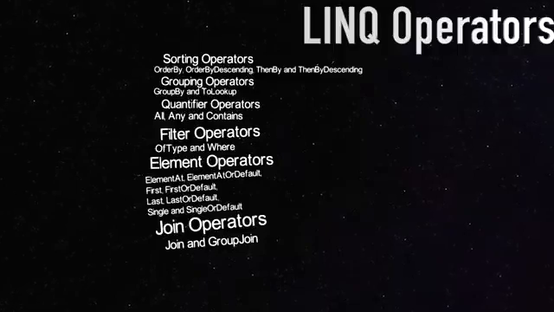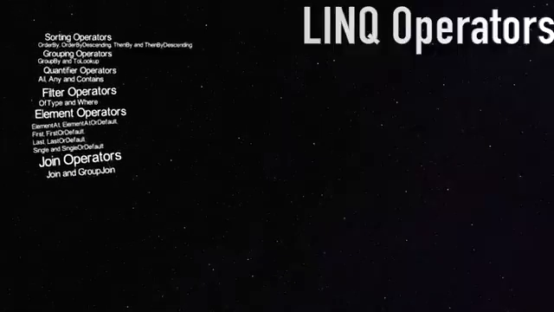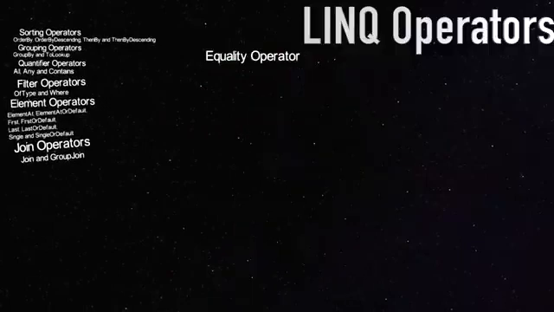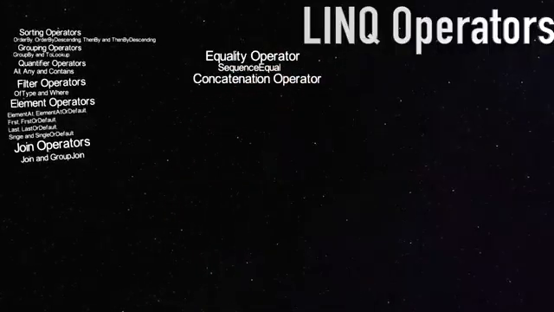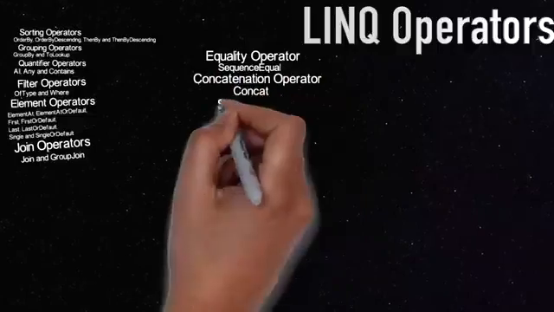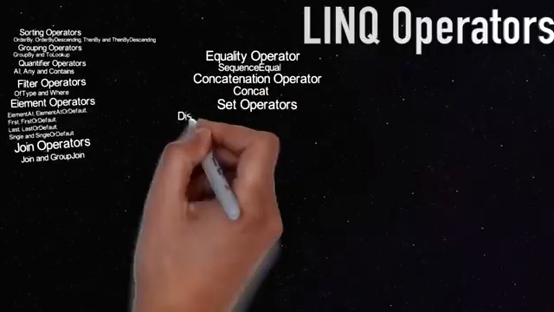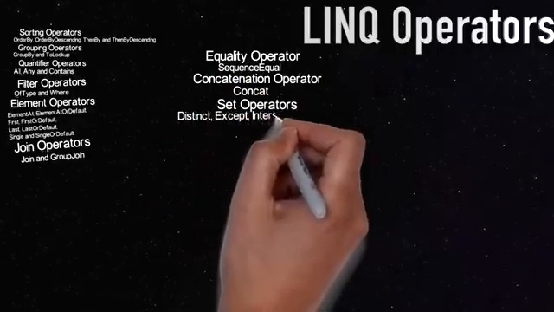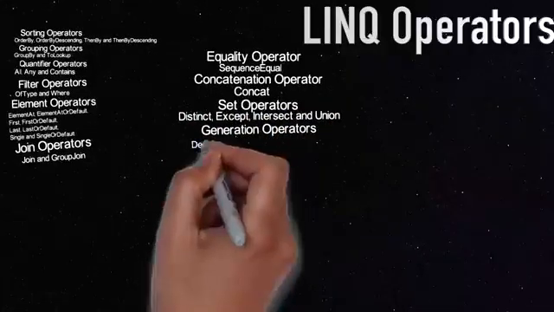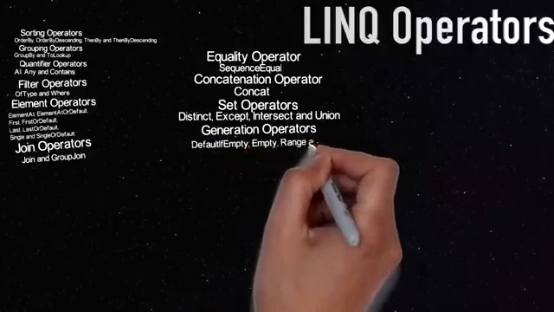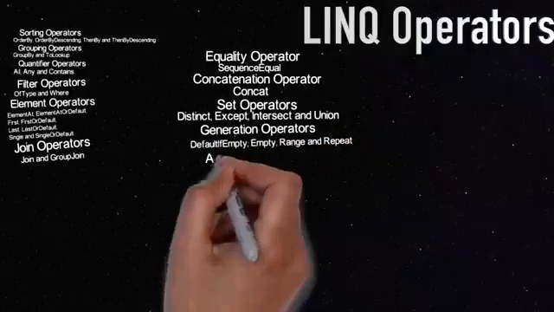So in this video, we'll look at the following LINQ operators. The equality operator, sequence equal. The concatenation operator, concat. The set operators, distinct, except, intersect, and union. The generation operators, default if empty, empty, range, and repeat operators.